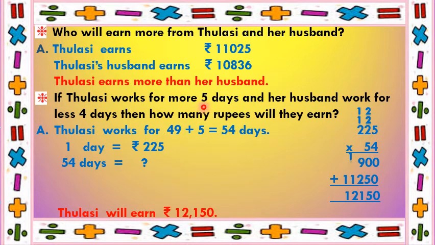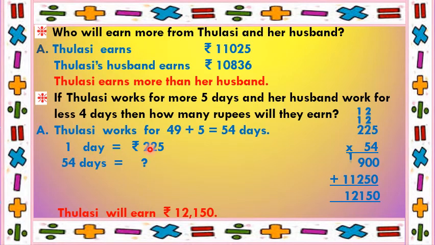And if Tulasi works for 5 more days, that is 49 plus 5 gives 54 days. Then how much rupees will she earn? Let us find out. For 1 day, Tulasi gets rupees 225. So for 54 days, how much money will she get?